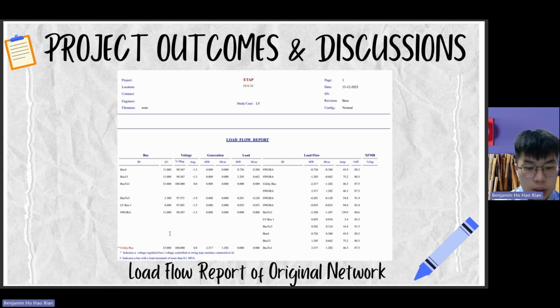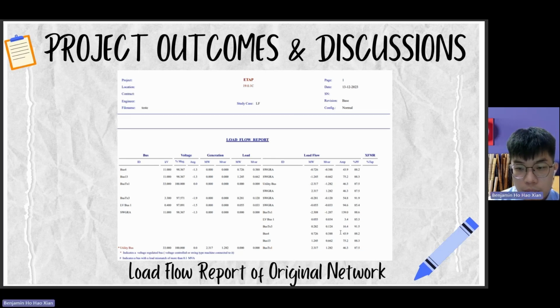This figure is the load flow report of the original network. We can see that all the voltage percentages are above 97, so there is not much voltage drop in this network. The generation is always 0, and the load flow is positive for some and negative for others. The negative value is caused by power flowing in the opposite direction from positive power.